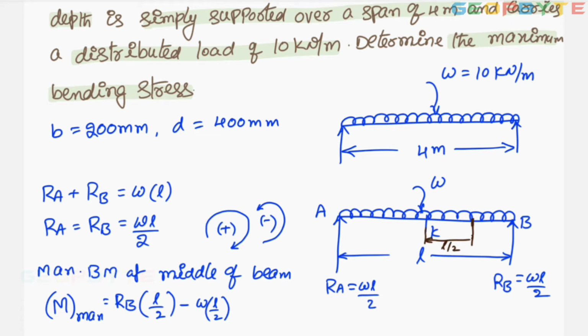So this is the point load. Point load multiplied by distance is giving the bending moment. That distance is L by 2.